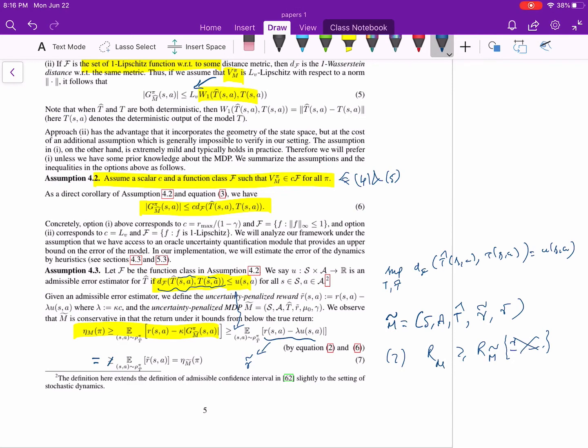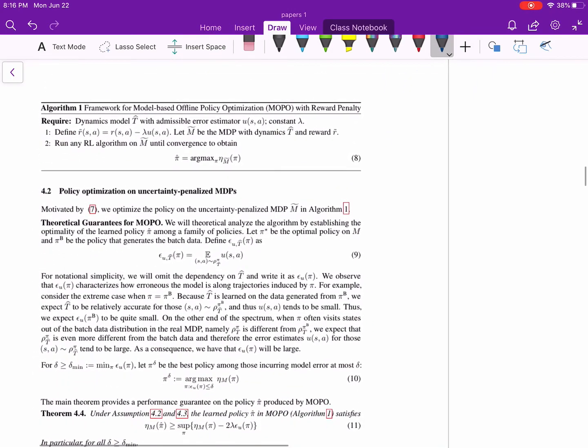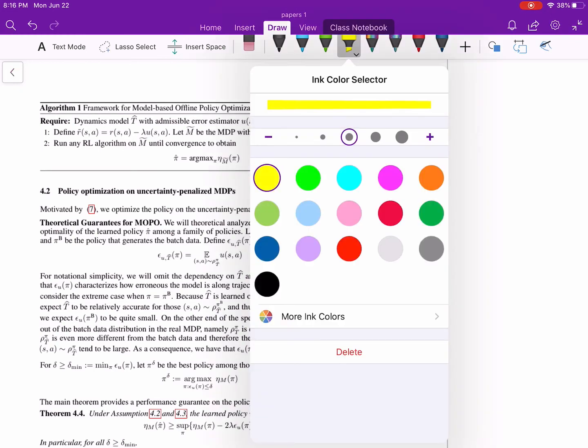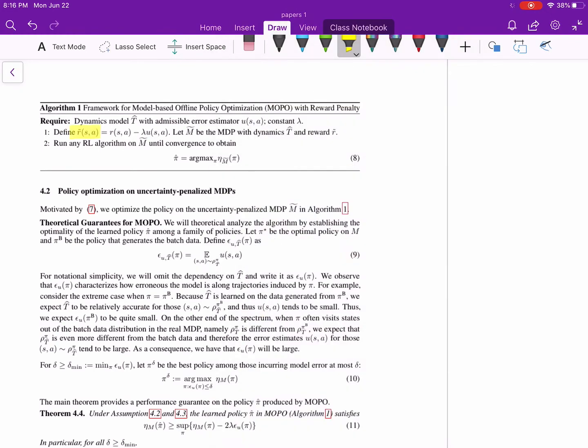So let's go further. The algorithm seems really succinct. It's just saying r tilde is updated, run any RL algorithm until convergence to get pi star.